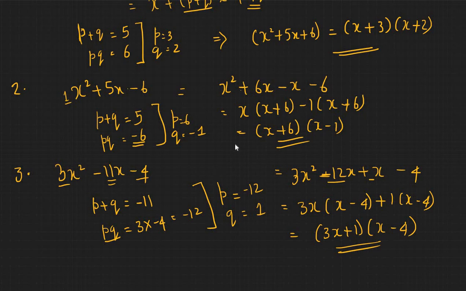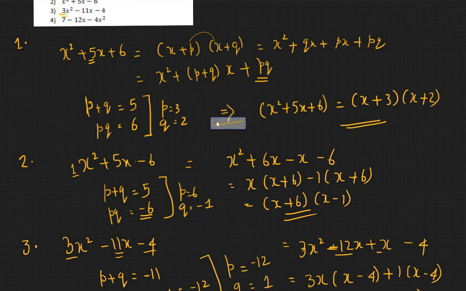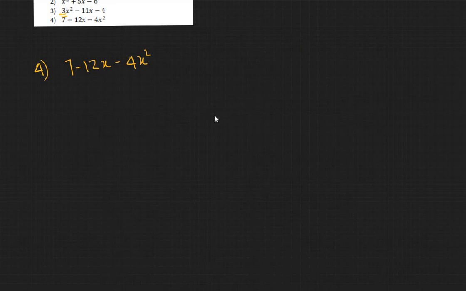So with this idea, I urge you to pause this video and try to do the fourth problem. One good way to approach this problem would be to get the coefficient of x squared as positive. So what you can do is you can take minus 1 outside and say this is minus (4x squared plus 12x minus 7).